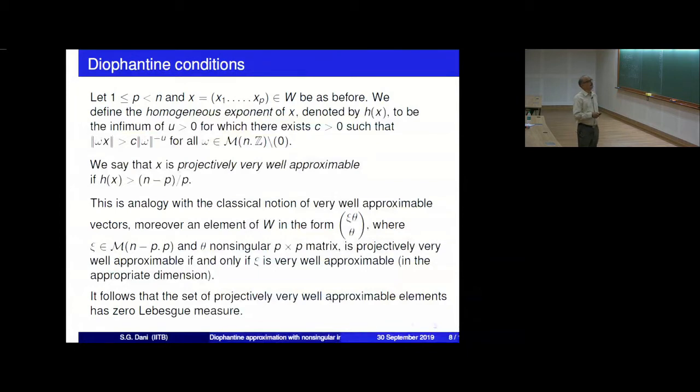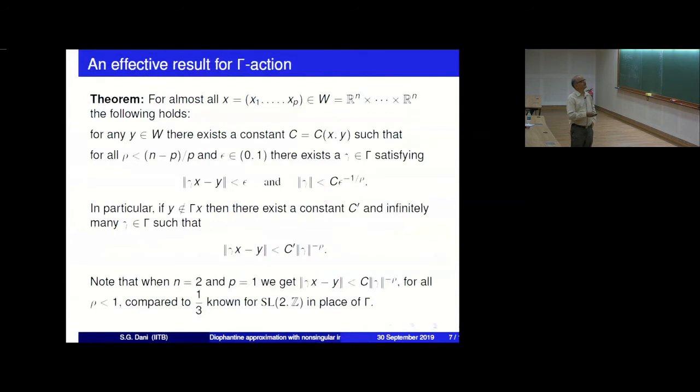Let me say a few things about how this is put in a more general perspective, and also something about this almost all. Recall that I didn't say anything about these being linearly independent, which you would recognize as something needed, but the statement is made only for almost all.